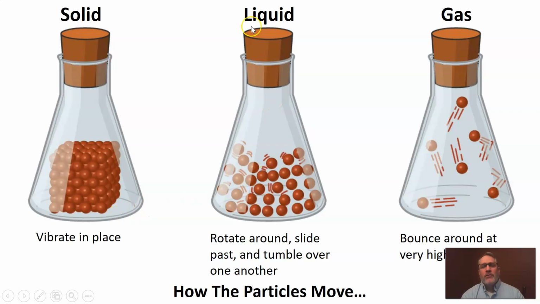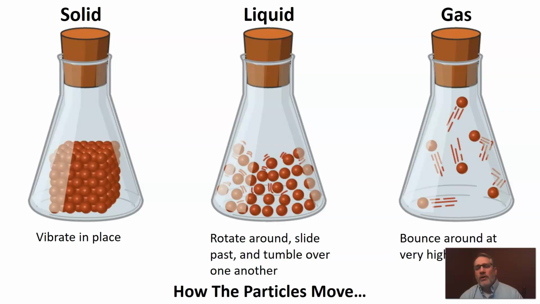If we were to compare that to what's going on with the particles of a liquid, how are they moving? Well, these particles are able to sort of rotate around one another. They're able to slide past each other and tumble over one another. So the particles themselves are able to move from place to place. If we compare a liquid to a gas, we're going to find that gas particles are moving very fast.